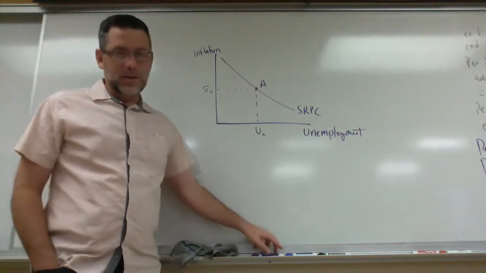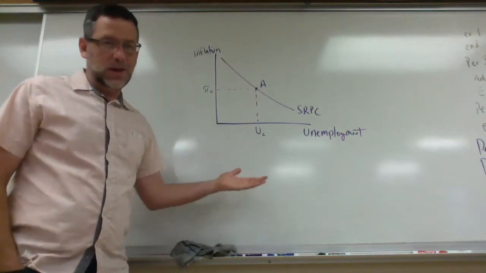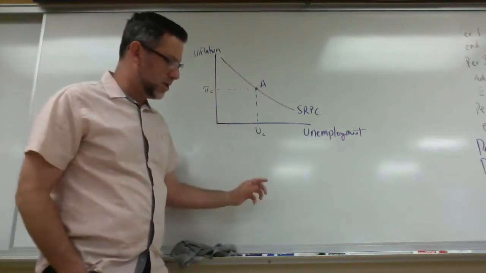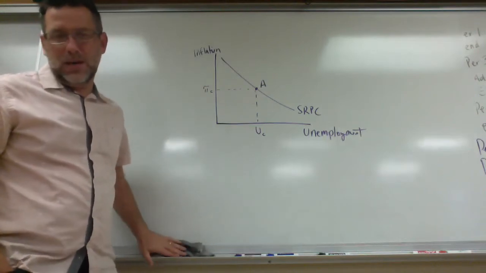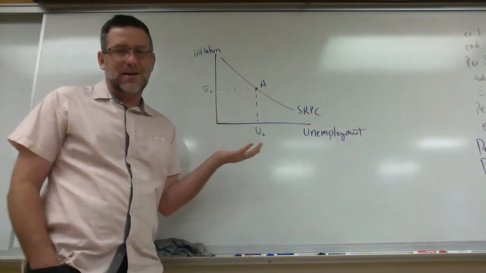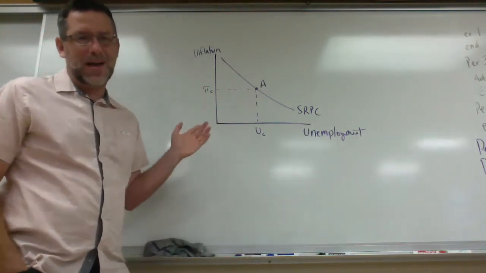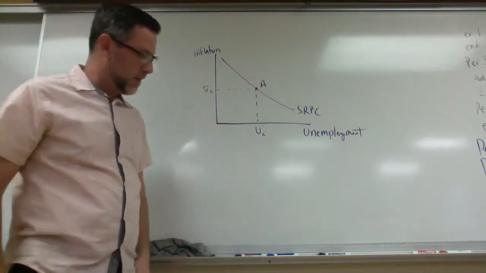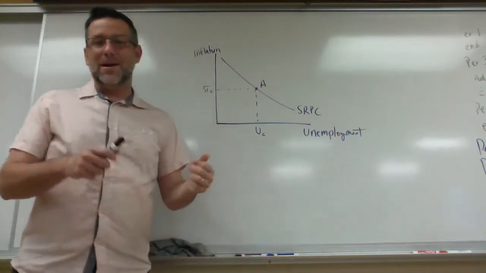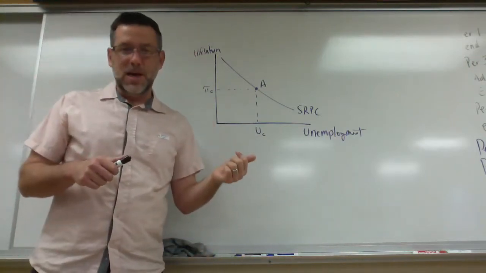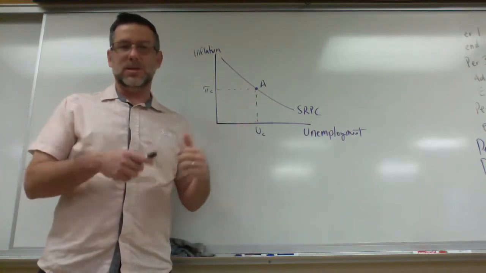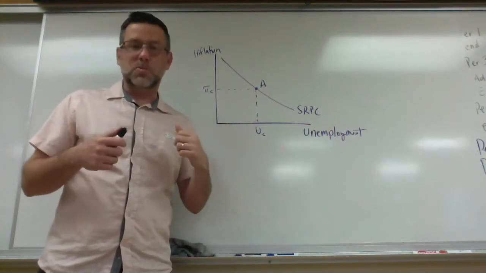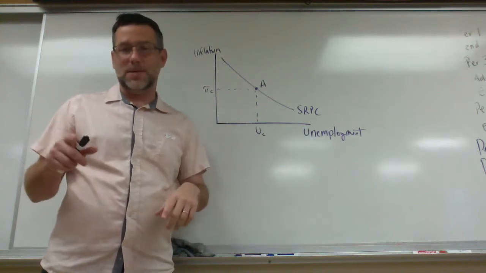And then, on this graph, if we have a change, we can show the effect of that change here. So there's no new shifters that you really need to know, because a change in aggregate demand or aggregate supply is going to lead to a change on our Phillips curve. So when aggregate demand shifts, it causes price level and output to do the same thing, which means it causes price level and unemployment to do opposite things.